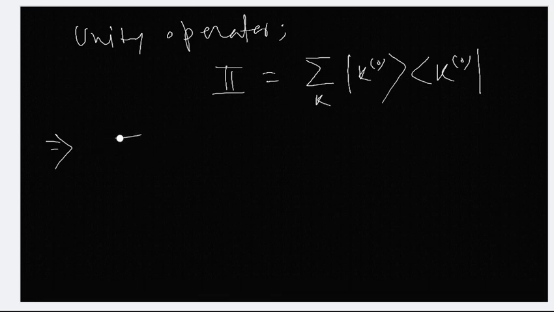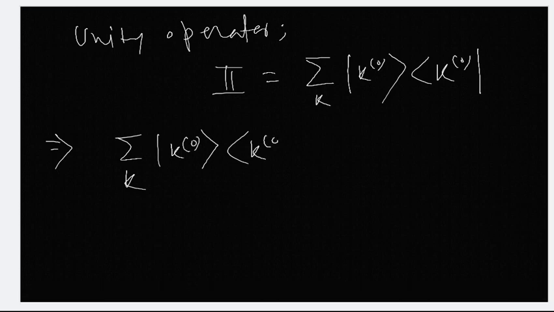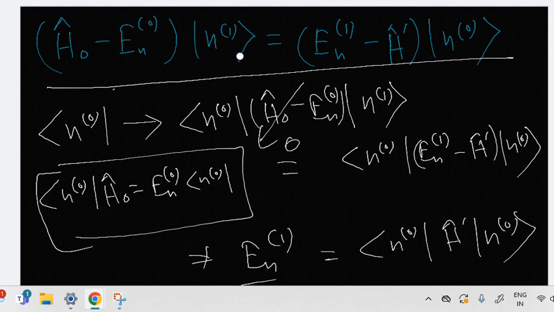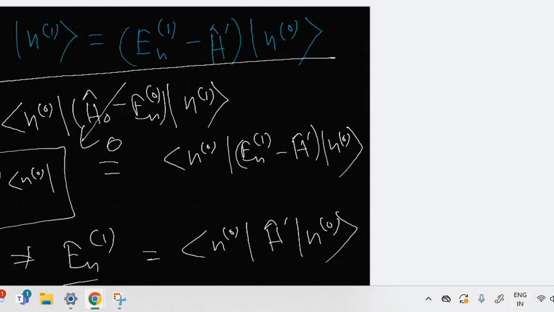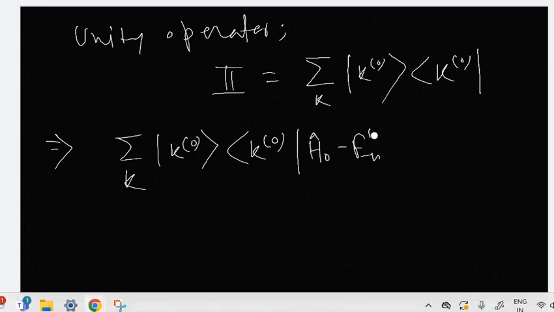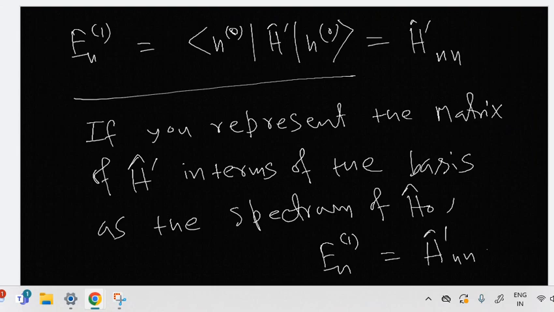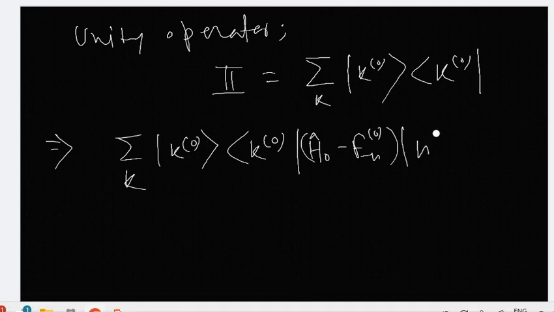Then you will find summation over k of ⟨k0|(H0 − En0)|n1⟩, so this is |n1⟩.